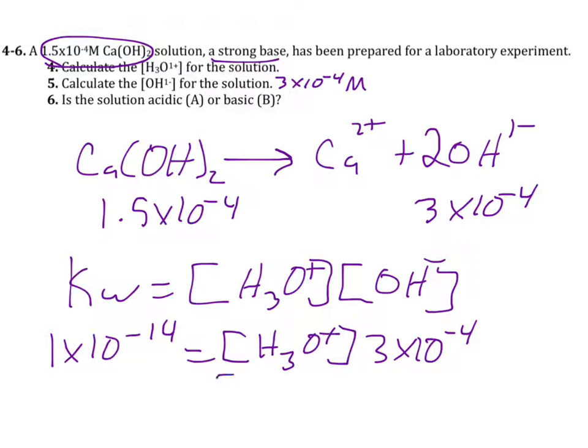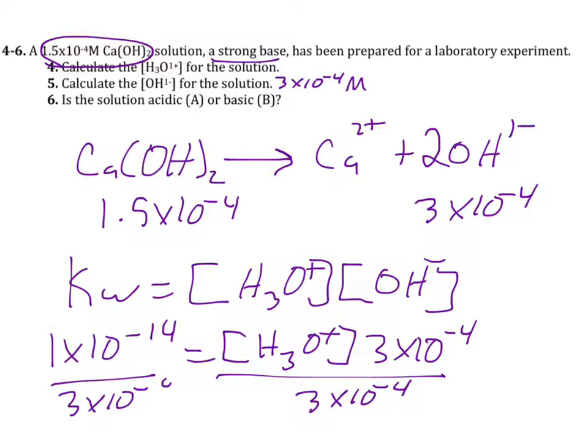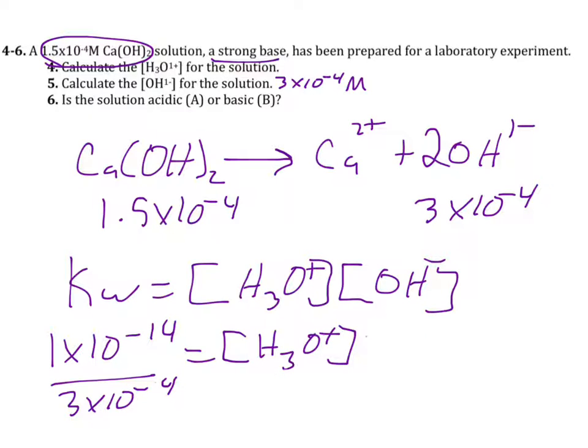And so all we have to do is solve for the hydronium ion concentration, and when we do that, we get this expression here. Just type that in our calculator and then we'll get our answer. And what we end up getting is 3.33 times 10 to the negative 11.